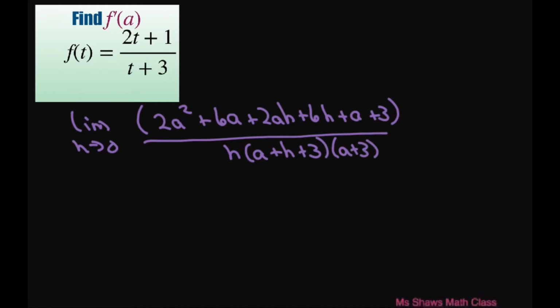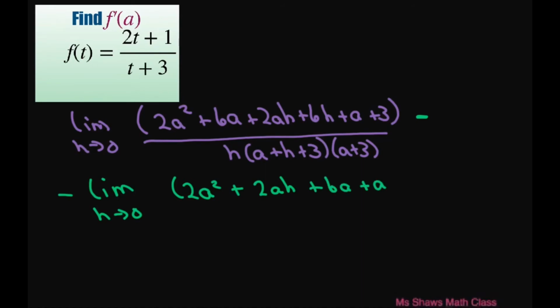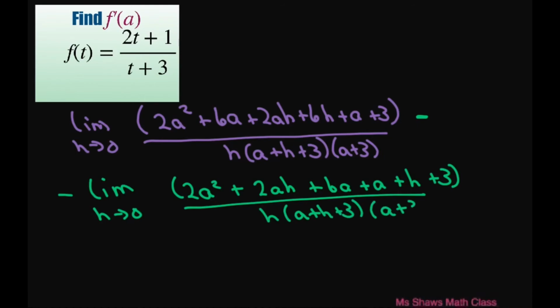And I'm running out of room here, so I'm going to subtract here. I'll just write this with the same limit for now. The limit as h approaches 0, and the second part was 2a squared plus 2ah plus 6a plus a plus h plus 3. I think I got all that right. All divided by, again, the same denominator, (a plus h plus 3) times (a plus 3).